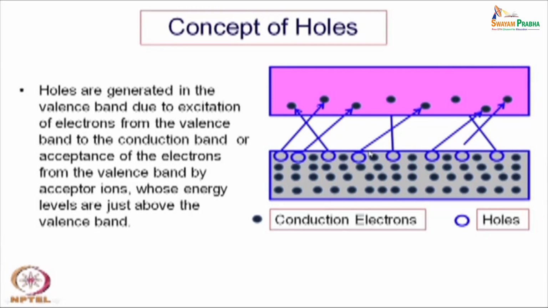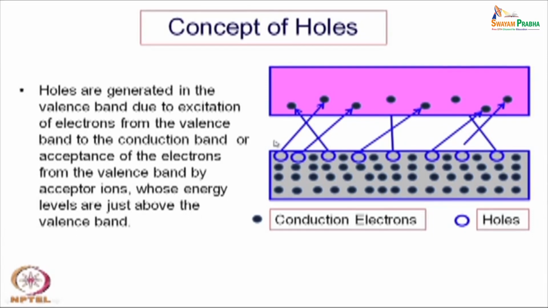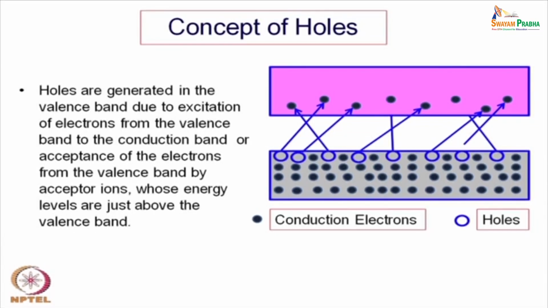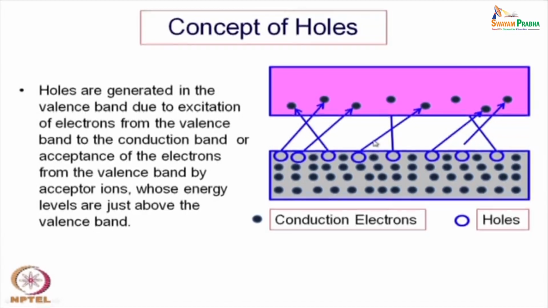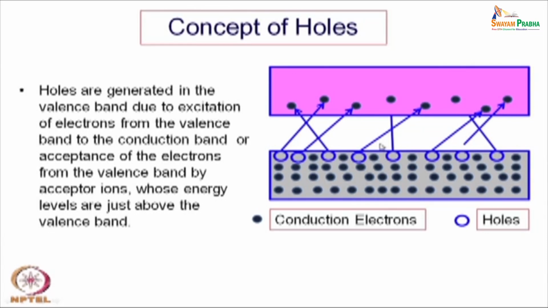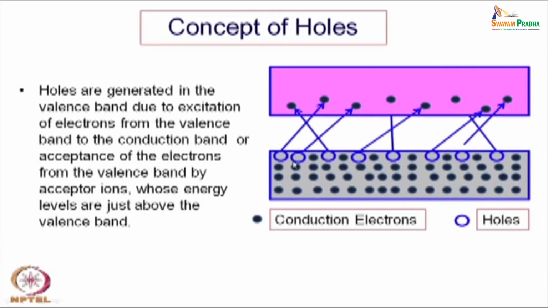This is the top of the valency band, and there, if you have some ion in the solid, mostly an impurity ion whose electron affinity is much larger than the host material, then it will accept some of the electrons from here to the next level. It will attract some electrons, and by that process also you will get some holes generated. So, there are two ways by which holes can be generated in the valency band.